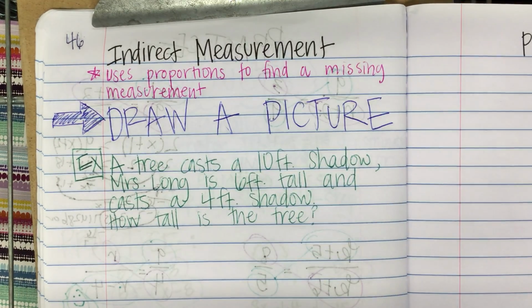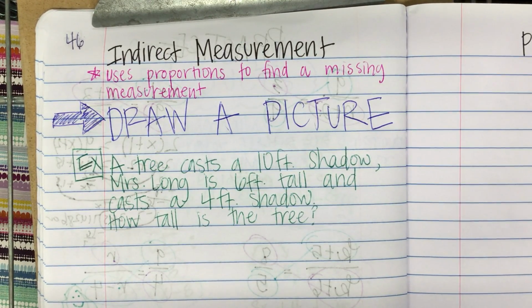Okay. So, this is an indirect measurement problem because I have two things that I'm measuring. I have a tree and I have Mrs. Long. Now that tree, I know one of its measurements. But Mrs. Long, I know two of her measurements. I know how tall Mrs. Long is, and I know how long Mrs. Long's shadow is.